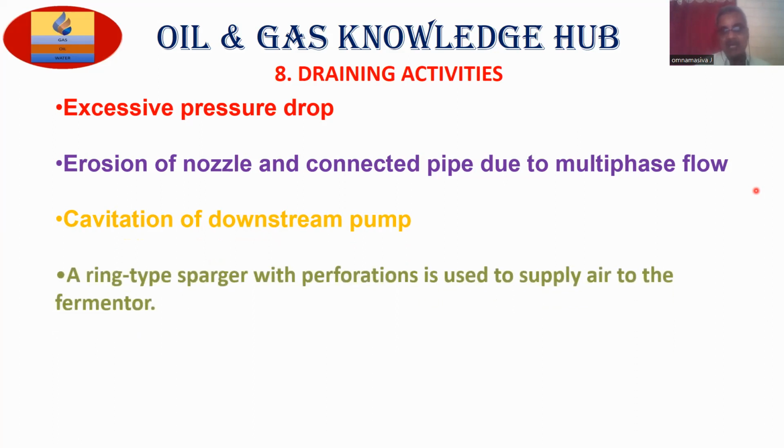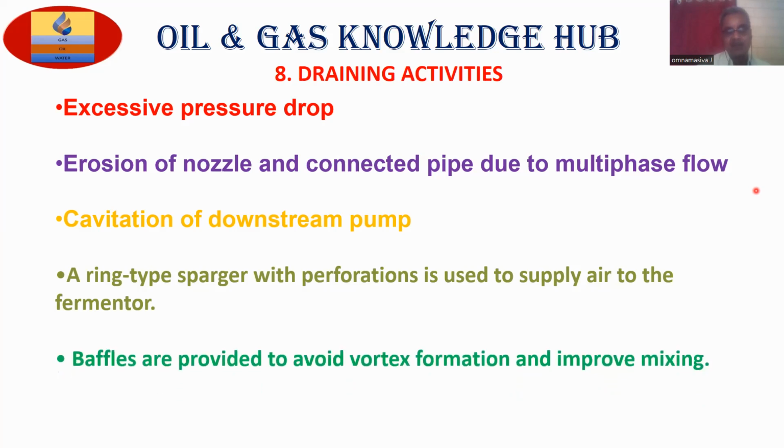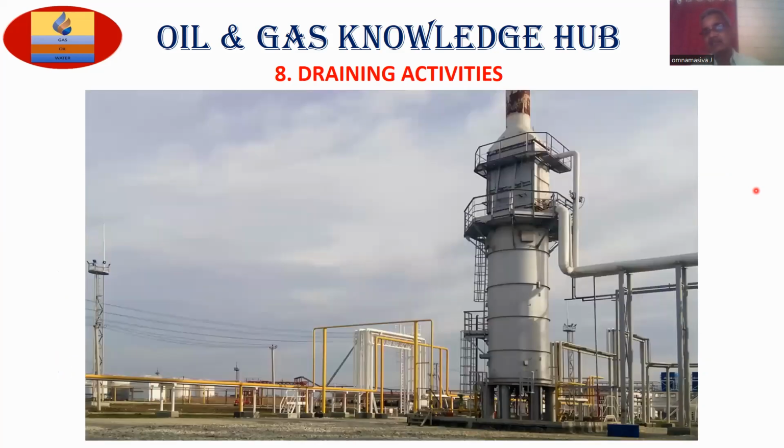A ring type sparger with perforations is used to supply air to the fermenter. Baffles are provided to avoid vortex formation and improve mixing.